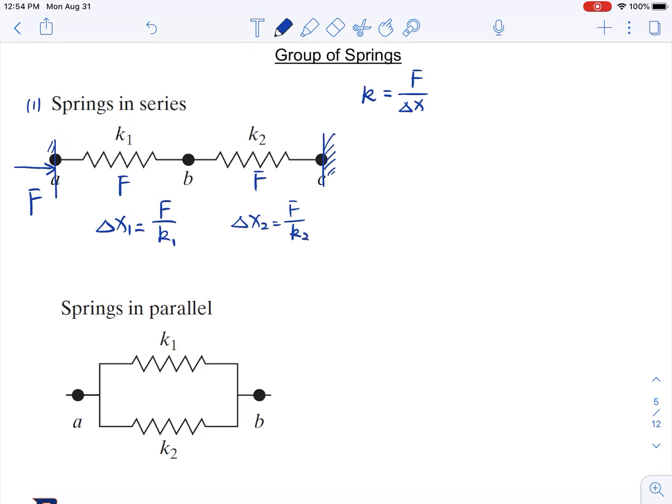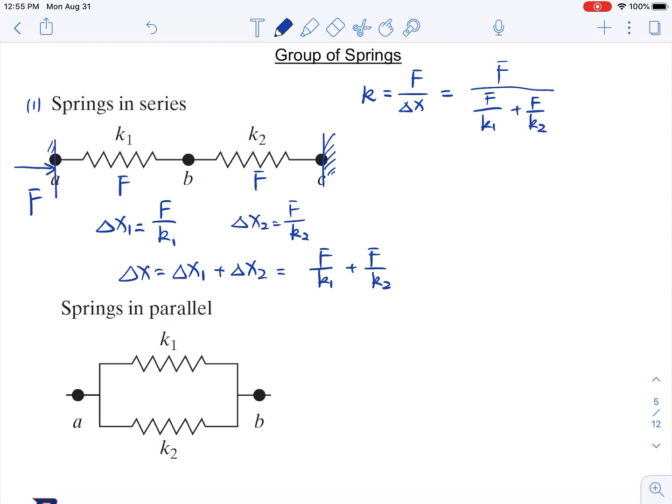The total deflection is going to be the summation of delta x1 plus delta x2, so we have F over K1 plus F over K2. And then we can plug this delta x back into the definition. We have F divided by (F over K1 plus F over K2).